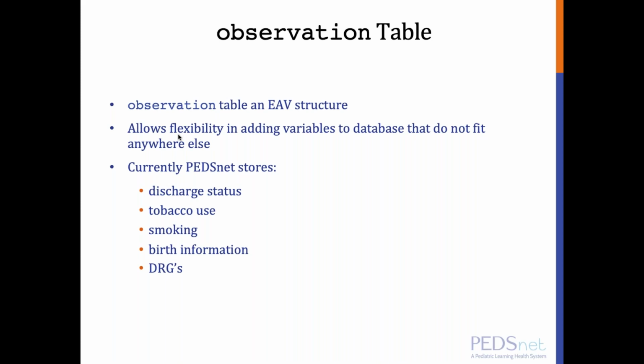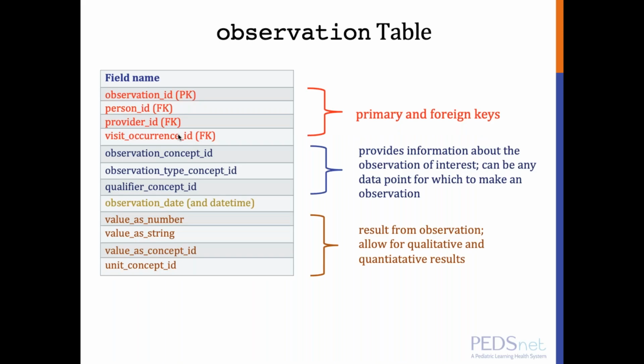So what we have in the observation table is tobacco, smoking, and then birth information, because birth weight, for example, or whether it was a vaginal delivery or a C-section, these are things that don't have good places elsewhere, and the observation table gives us enough flexibility to just throw it into a table somewhere about a patient. So that's the purpose of the observation table.